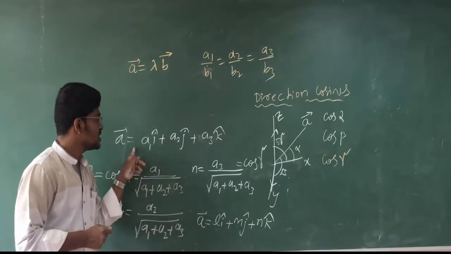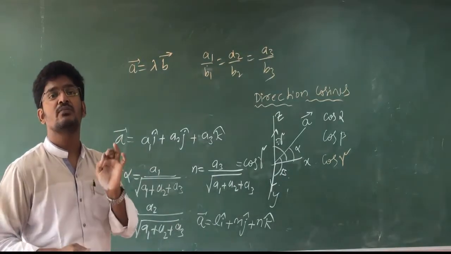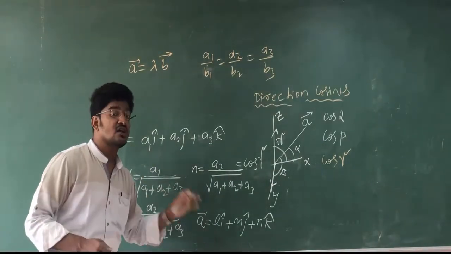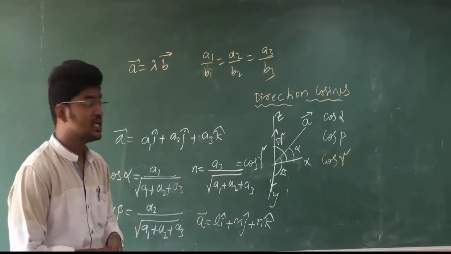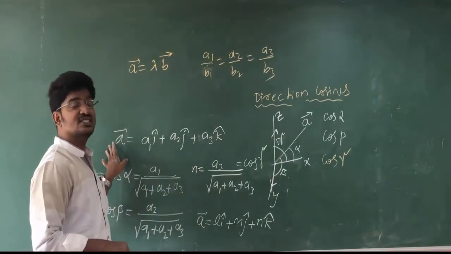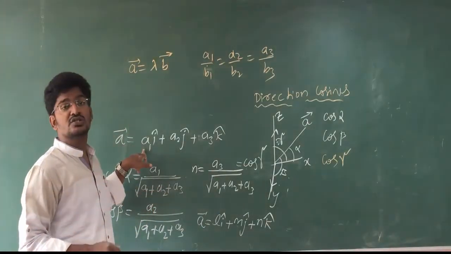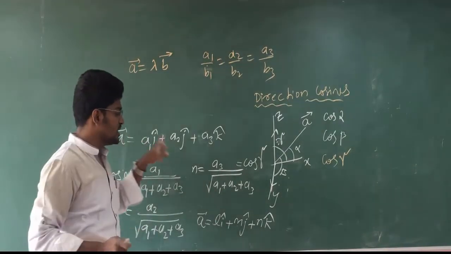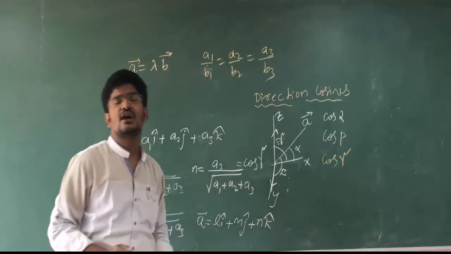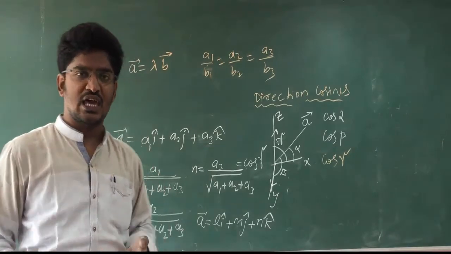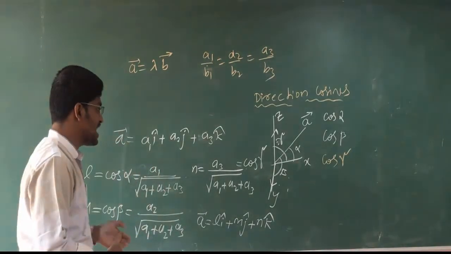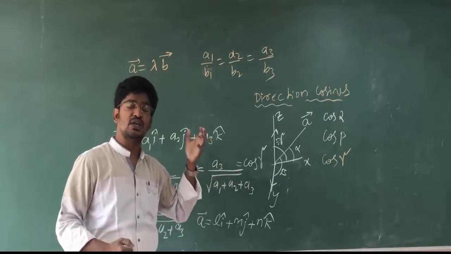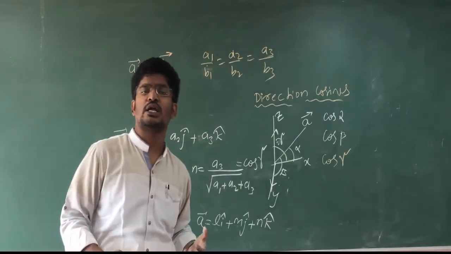These two vectors are not different. Please remember, these two vectors are not different. Are you getting my point? So vector A is written with the direction ratios. The same vector A is written with the direction cosines, L i cap plus M j cap plus N k cap. I think you got clarity about direction cosines. Please remember this. Very, very important.